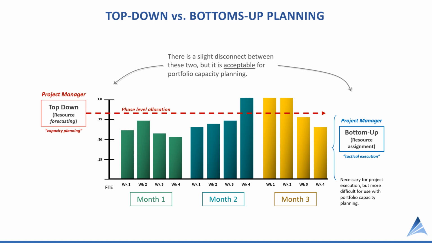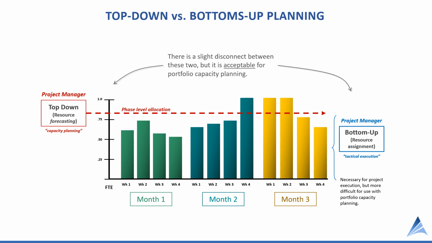When talking about resource capacity planning, it's important to distinguish between a top-down resource plan versus a bottoms-up project plan. And this is one of the dilemmas that organizations get into when trying to do capacity planning: they want to build not only a detailed project plan, but they want to assign resources at the task level.